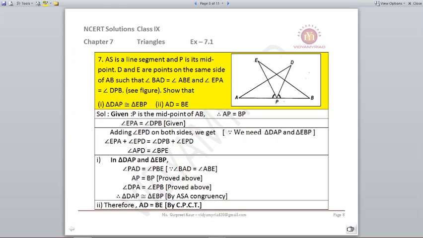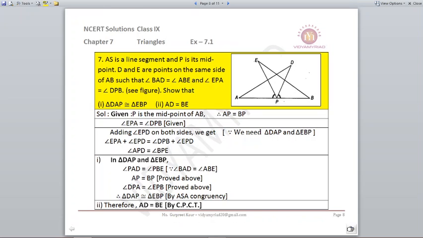If you see the angles which they have given, marked by the curved arcs, they both are equal. But in the triangle over here, suppose you notice ADP, angle APD includes EPD. Same way, if I look at the triangle EPB, again EPD, the center angle which is not marked, is common in both the triangles.